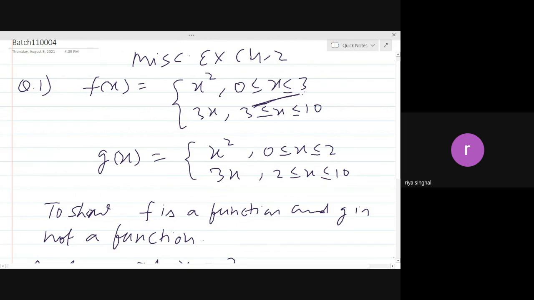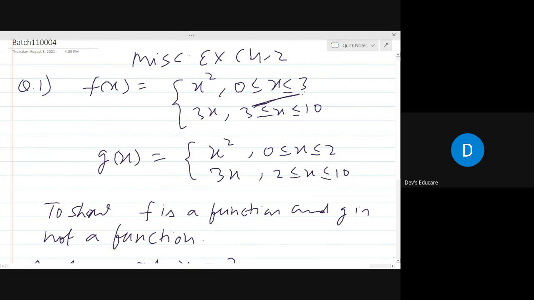Sir, I think we are doing that because above or below 3, if you take the values, their domains would obviously be different. So it is already deciding that it is a function, but it would only depend on whether the value of f(3) comes the same from both. So that's why we have to check for f(3).